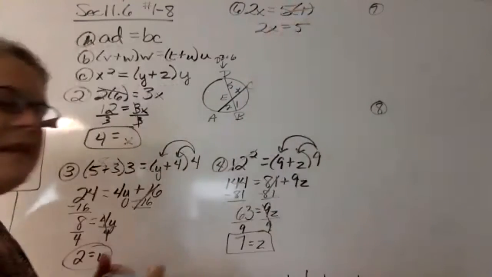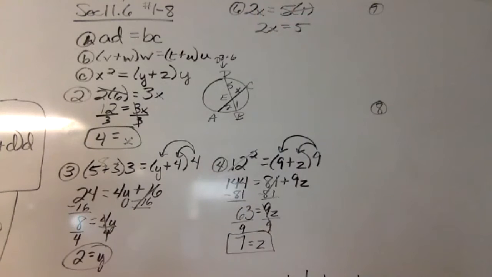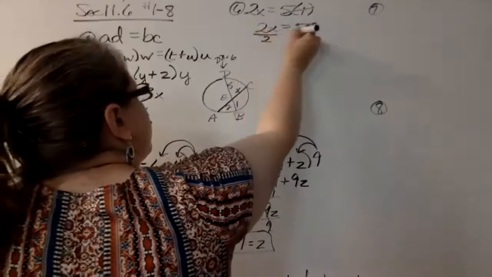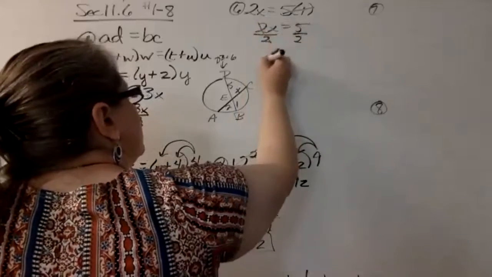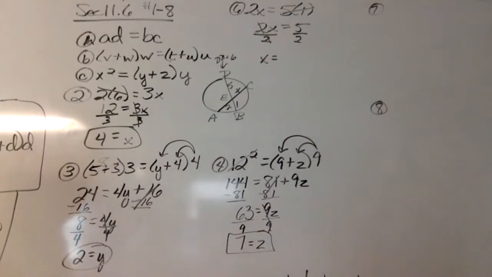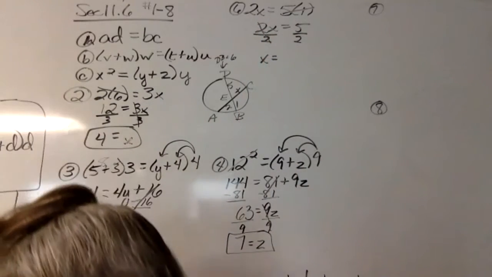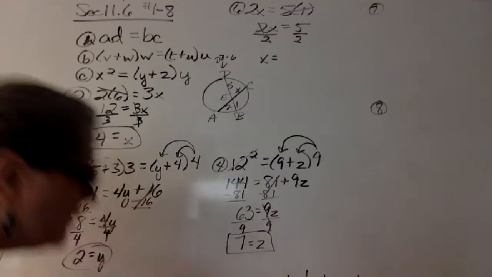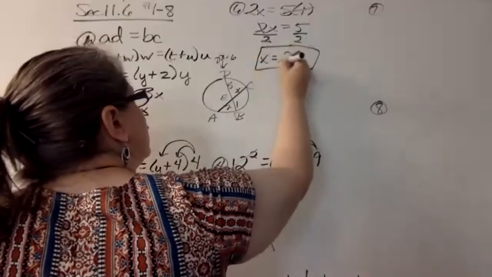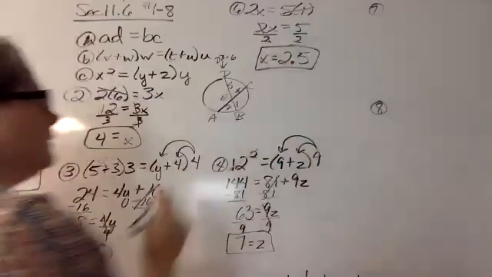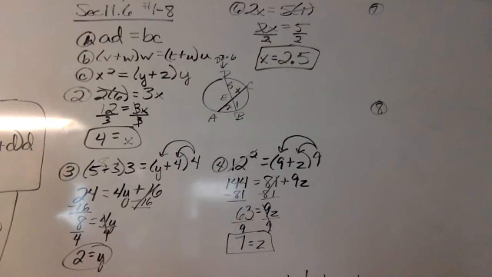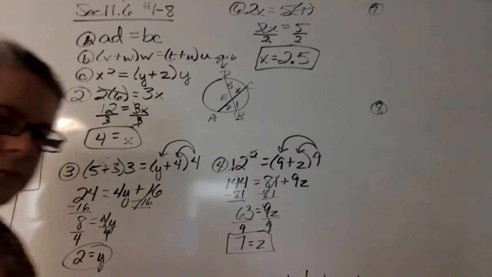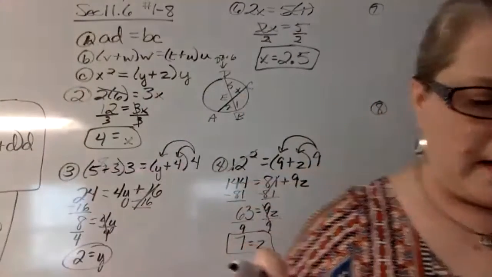Now, your goal is to get the x by itself, so all I have to do is divide by 2. And you can get a decimal. So 5 divided by 2 is 2.5.